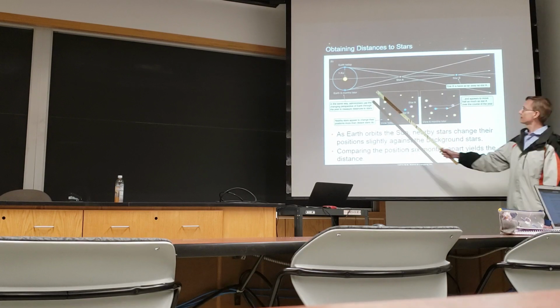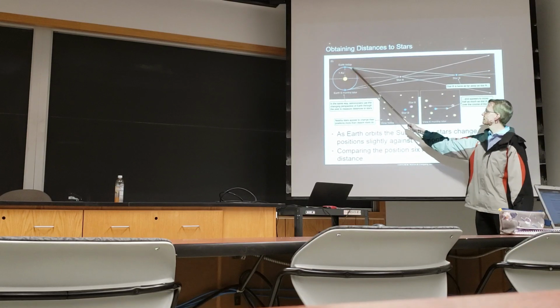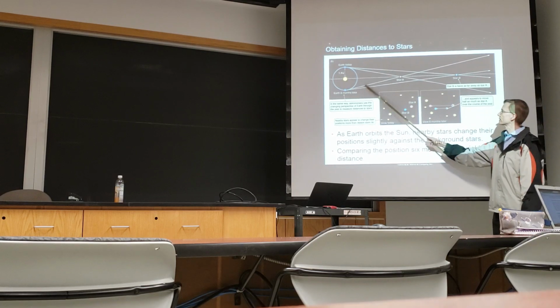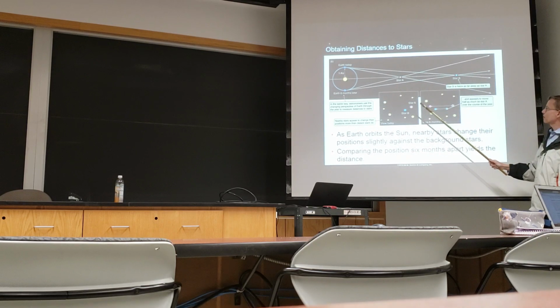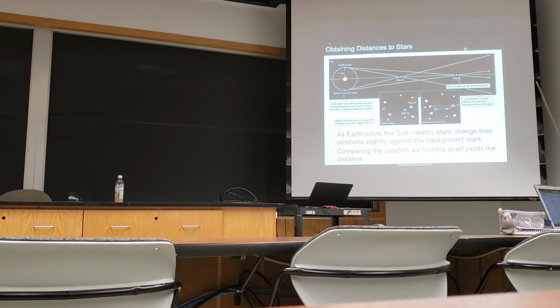So here we have Earth today, Earth 6 months later. The line of sight from Earth to the star changes as we orbit the sun. And so that causes where the star appears in front of much more distant stars in the background, stars that are so far away that we can't see them shifting back and forth because they're so far away from us compared to our distance from the sun.